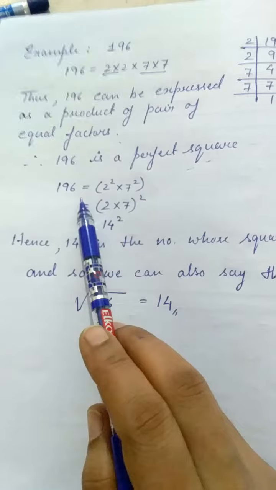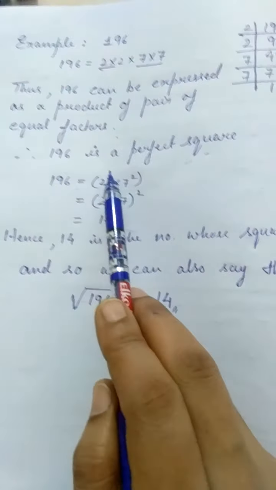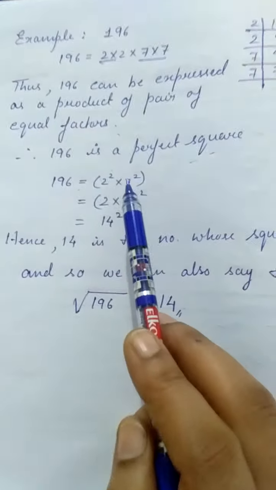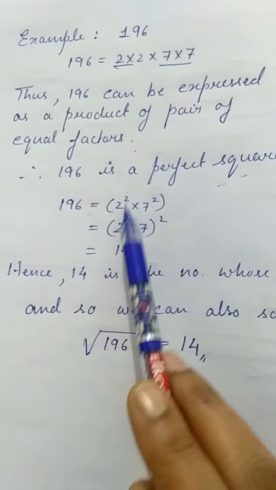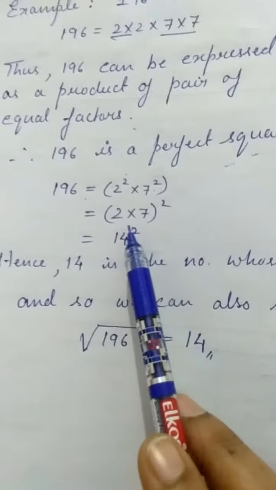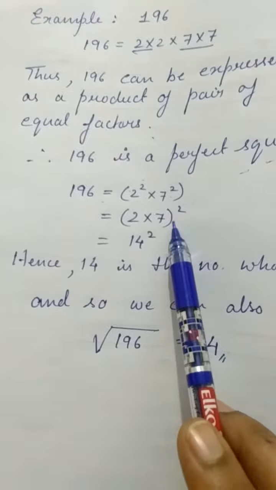It can also be written as, children, 196 is equal to, how many 2's are there? Two 2's, therefore 2 square. How many 7's are there? Two 7's, therefore 7 square. So 196 is equal to 2 square into 7 square, which can also be written as 2 into 7 the whole square, if you remember laws of exponent, children. Isn't it? So it is nothing but 14 square.